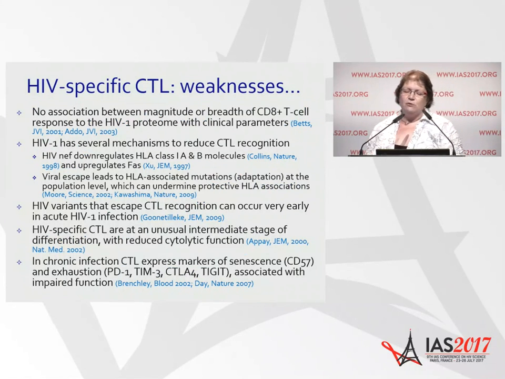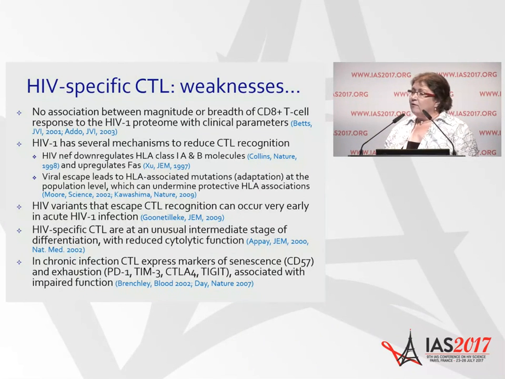However, they're not all good, and several other studies looking at the overall response using gamma interferon secretion as a readout rather than tetramers showed simply no association between the magnitude or the breadth of the response and any clinical parameters. And it became clear that HIV has mechanisms to reduce the ability of T-cells to recognize infected cells, such as the ability of Nef to downregulate class I molecules.